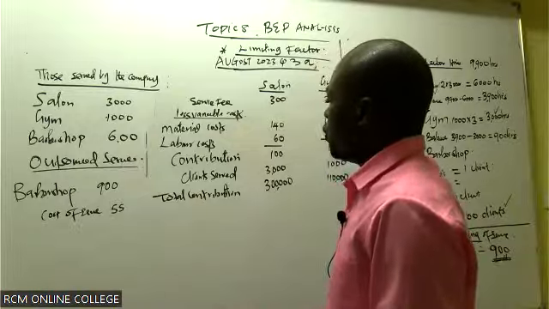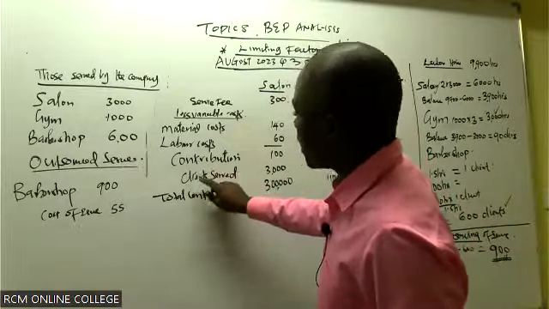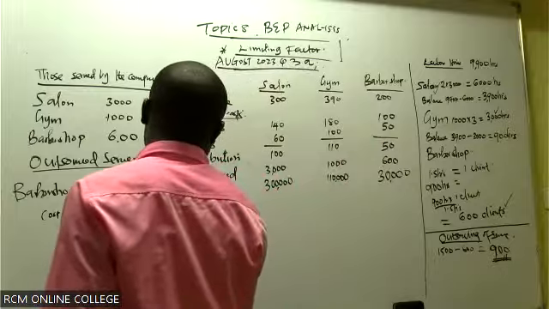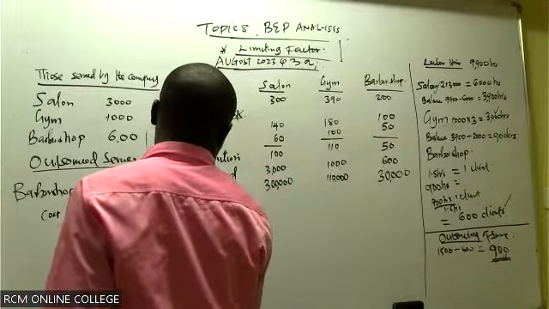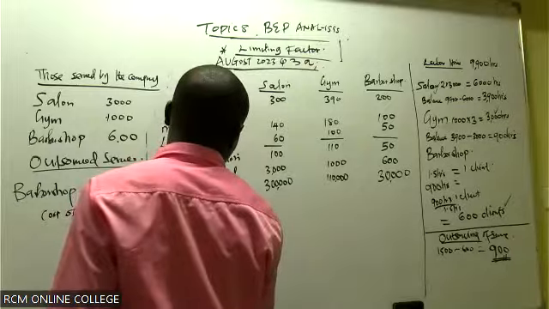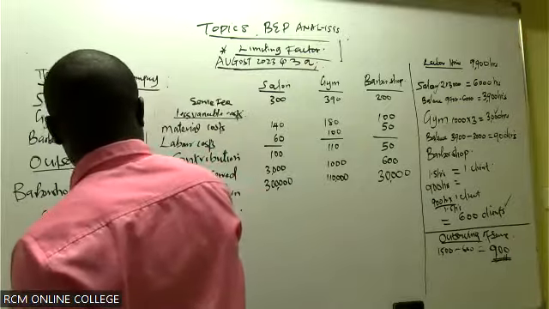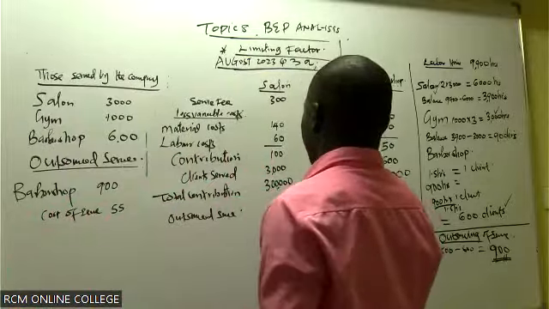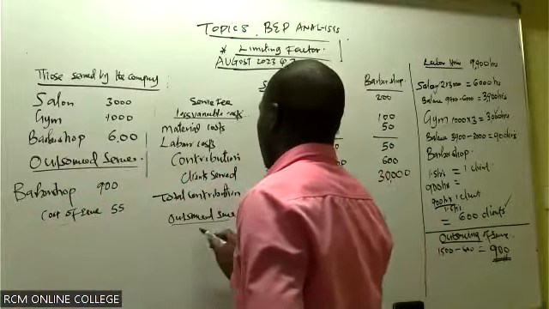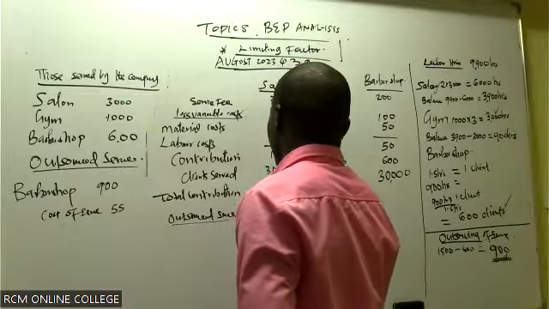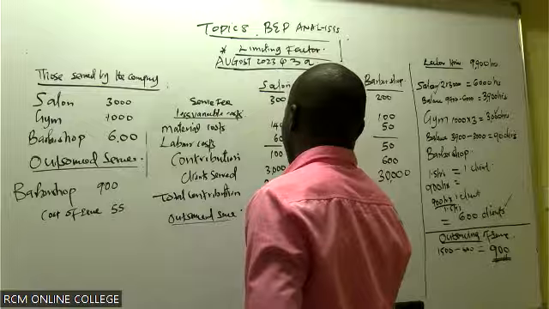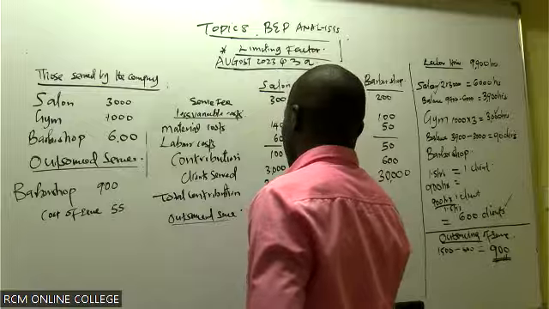So what do? This is the contribution of goods that have the clients that have been served. Then outsourced service. Outsourced service will tell us that the 900 clients that were served, outsourced service, we have 900, which you are charged 55.